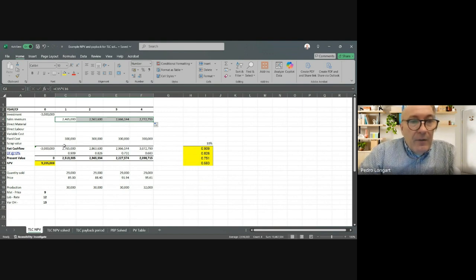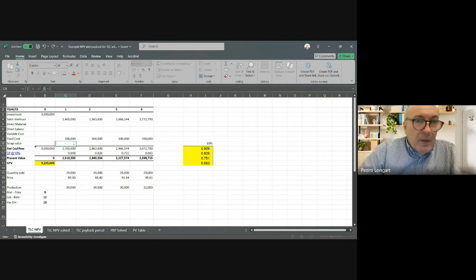The scrap value here is 0 because I have no scrap value here, okay? If I had some value, it would be positive, but I have no value here, so I will consider it has no scrap value, okay?